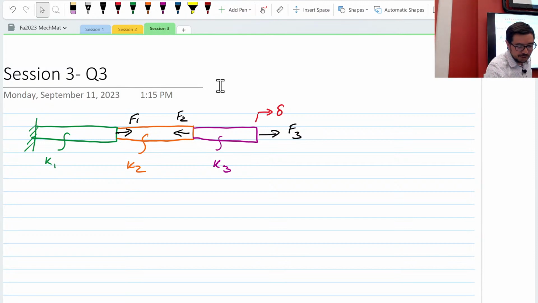So what are we going to do here? We're going to say that this system is equal to the following.